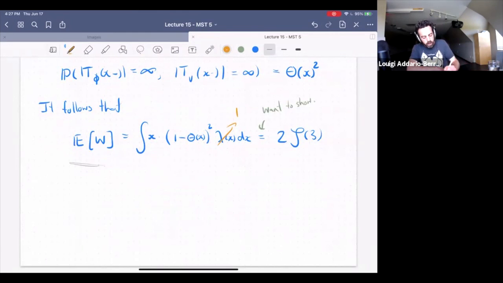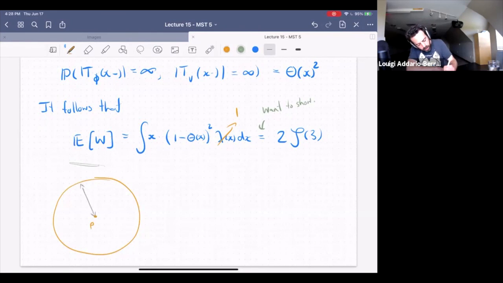Remember the idea was, if you have an infinite graph, you can think of building a minimum spanning tree in 2 ways. Take a large ball of large radius r, and now take all of the vertices on the boundary of that ball. You can do one of 2 things.